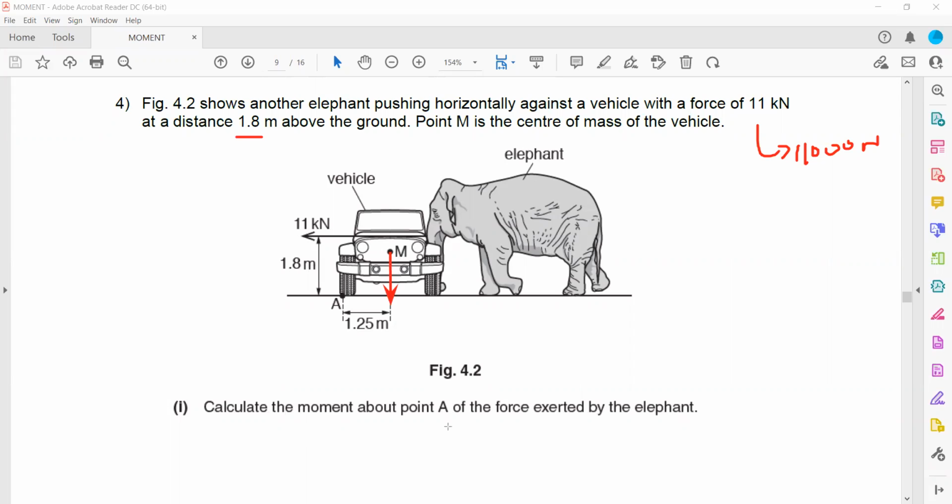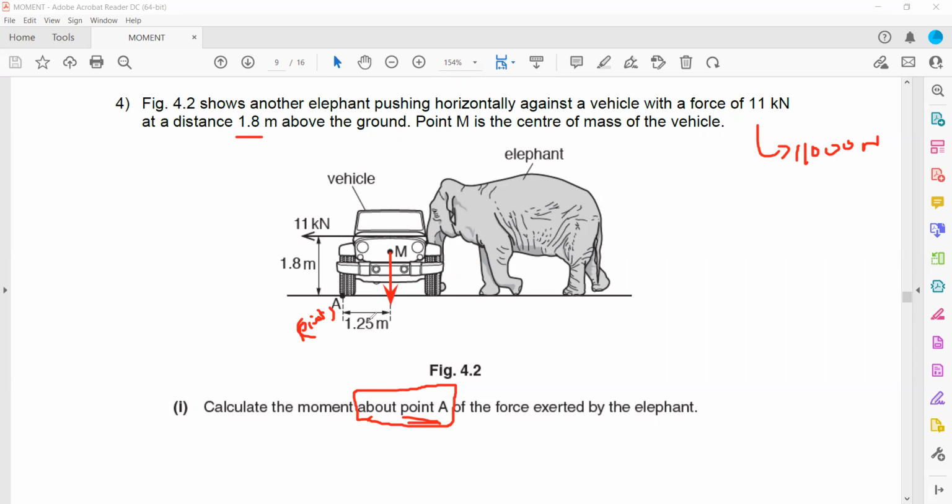Calculate the moment about A for the force exerted by the elephant. As we can see, in the question they mention a turning effect about point A. So A is a pivot, or A is a point of rotation. So how to calculate a moment?